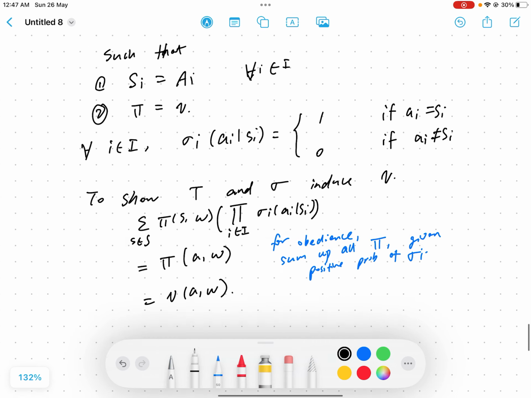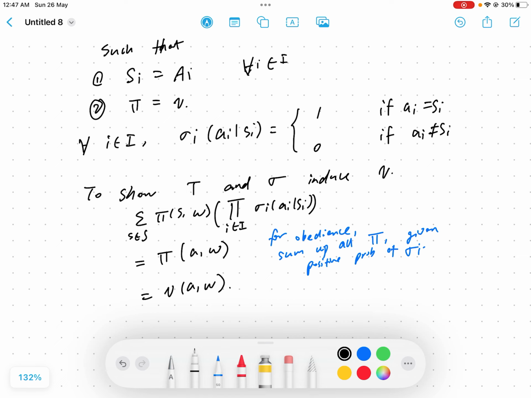Here this is the first part. Then later we're also showing the relationship between the expected utilities, right? Then we'll use the obedience to derive the BNE, shortly.